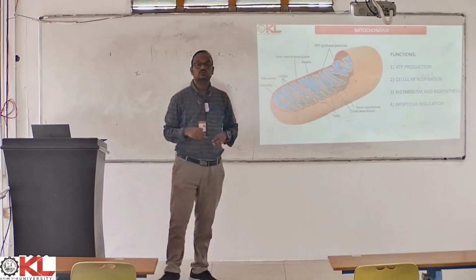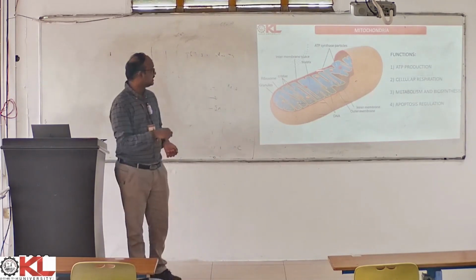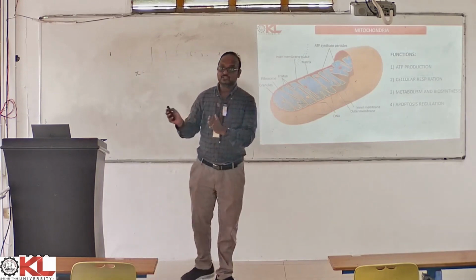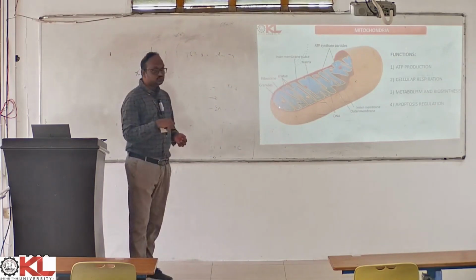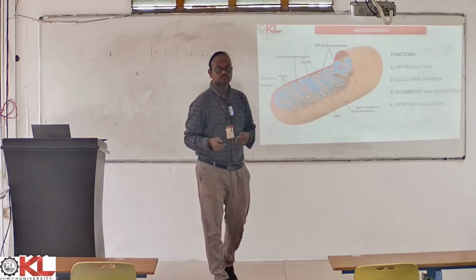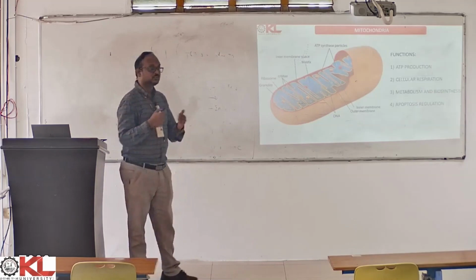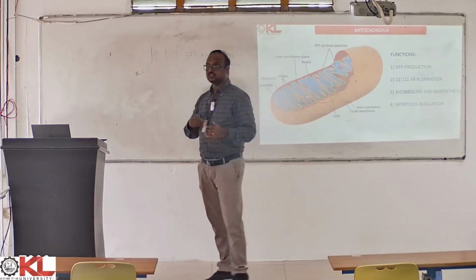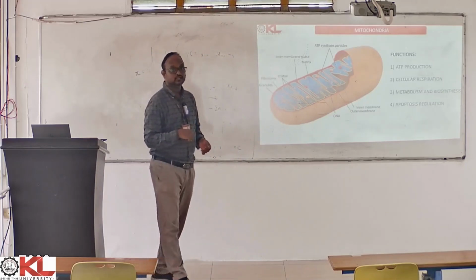In order to carry out all these metabolic pathways, the mitochondria should have specialized enzymes in it. That's why mitochondria has ribosomes inside the mitochondrial structures. We all know ribosomes are the organelles which help in protein synthesis. Once proteins are synthesized, they'll be converted into enzymes, and then these enzymes will be helpful in carrying out the metabolic pathways.